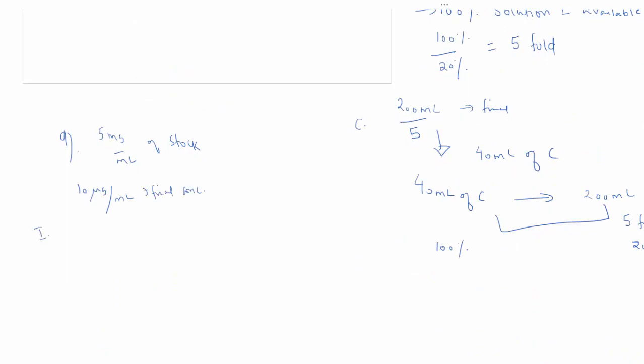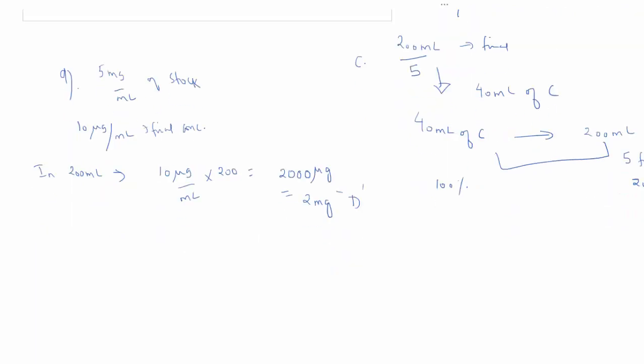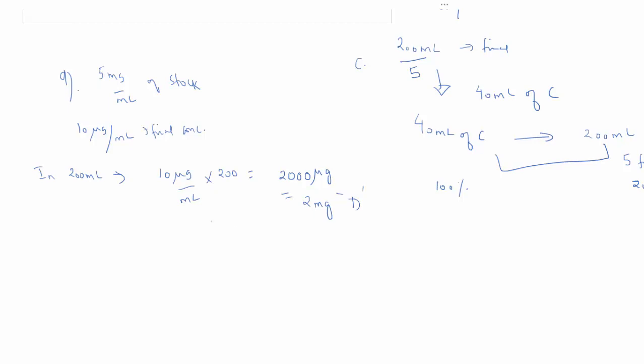So in 200 milliliters of buffer, we would have 10 micrograms per ml times 200, so that will be 2000 micrograms or 2 milligrams of compound D. So we need 2 milligrams of compound D, but we've got a stock of 5 milligrams per ml. That's the stock.